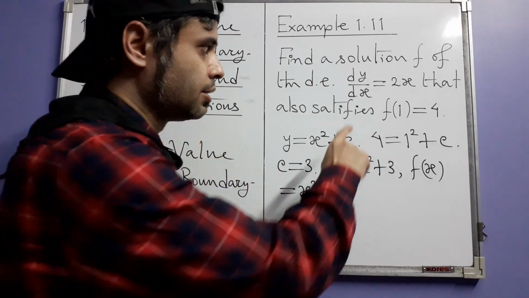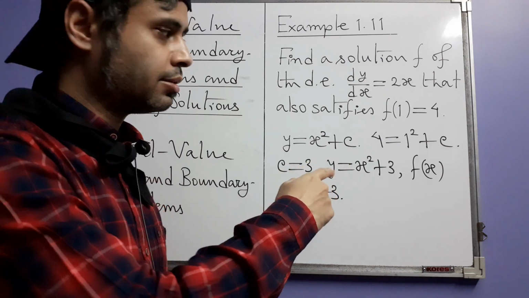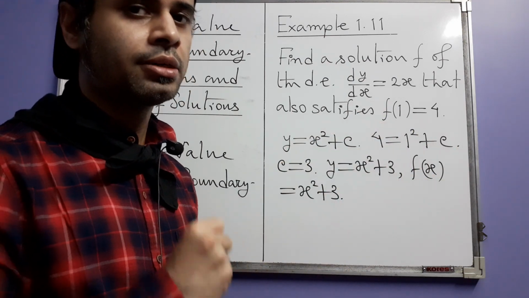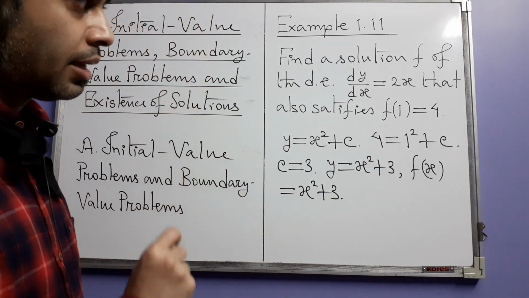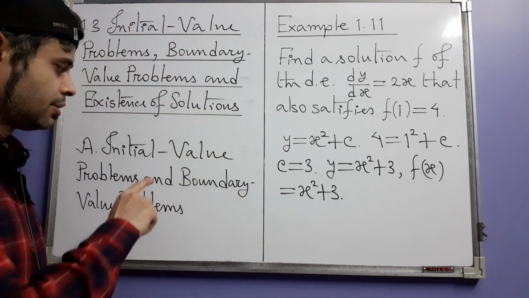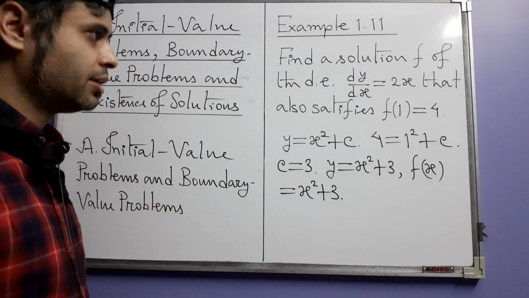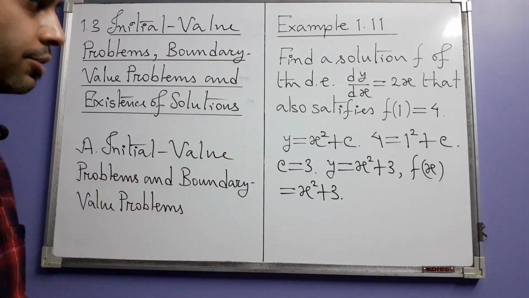Almost always they come with these extra conditions. Here you have only one, there may be more such conditions. These are called supplementary conditions. And there is something about these conditions that will tell us what an initial value problem is and what a boundary value problem is. Okay, so that's what we are next going to see.